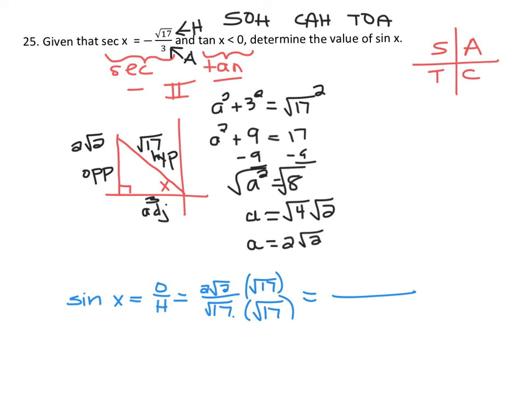So it gives us 2 radical 34. And then in the denominator, radical 17 times radical 17 is just 17. And then nothing simplifies because 2 over 17 doesn't simplify. And the only 2 numbers other than 1 and 34 that multiply to 34 are 2 and 17, and neither one of them is a perfect square. So this is our answer.